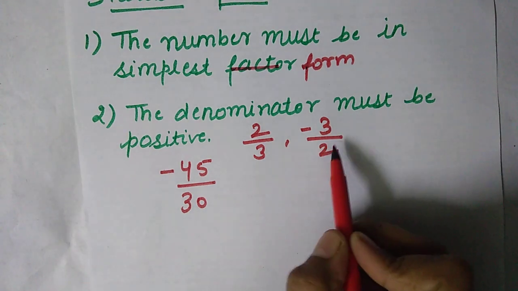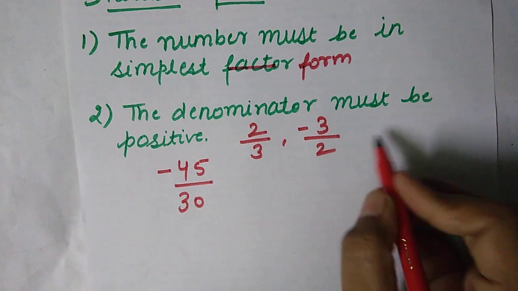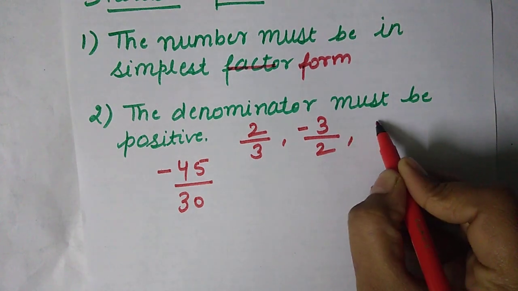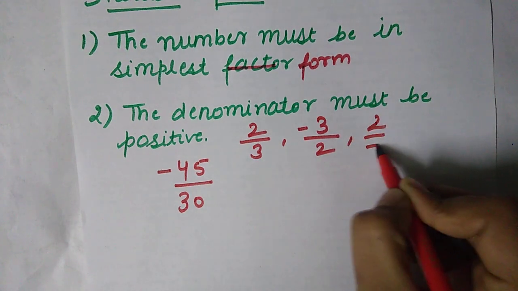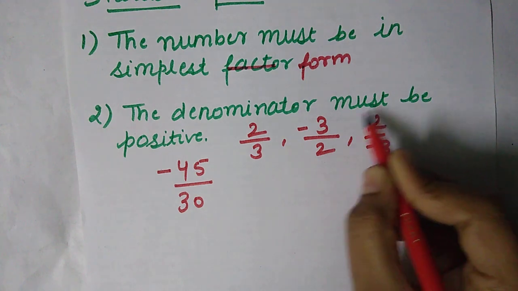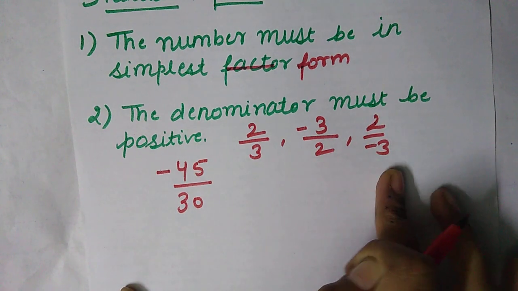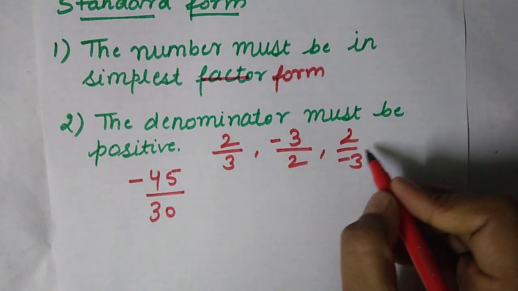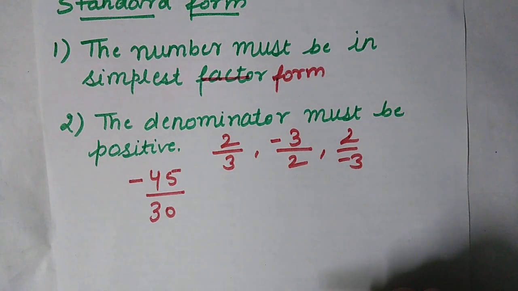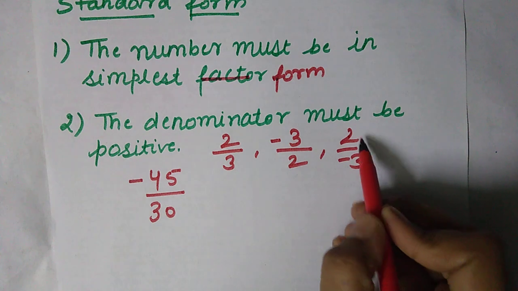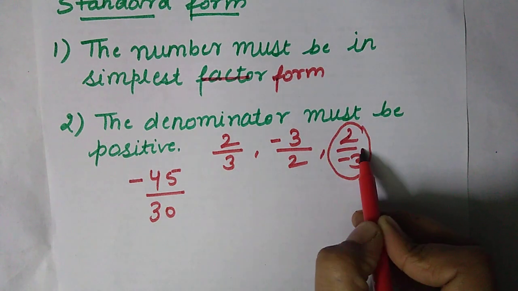If I am writing 2 over minus 3, is it a rational number? Yes, this is a rational number, but this is not in standard form. I will tell you how to write the numbers in standard form, but this is not the standard form of a rational number.